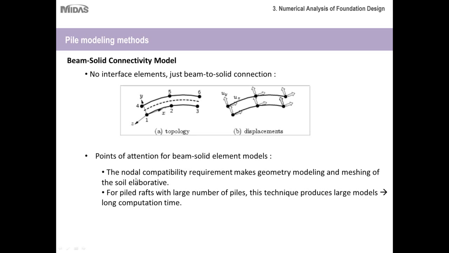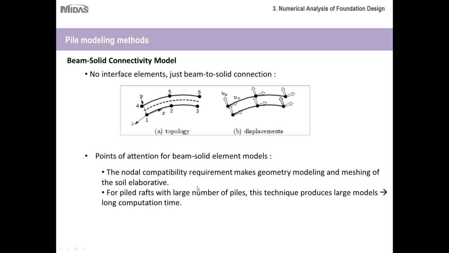So the point to be noted here is that the nodal compatibility requirement makes the geometric modeling and the meshing of soil an elaborate process. So first you have to do the meshing of the soil, and then when you apply the beam element, you have to maintain the nodal connectivity one by one as you go down the length of the pile.